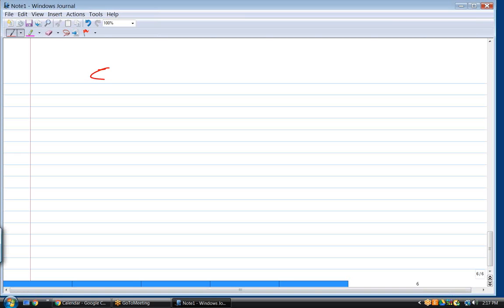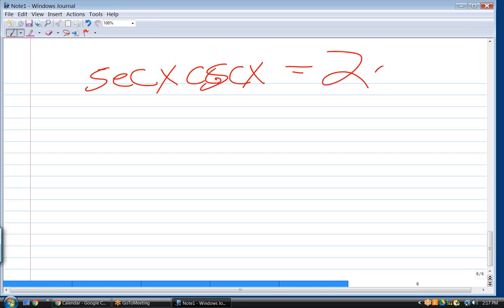Secant x times cosecant x equals 2 cosecant x. Really? Okay. What's the first step here? Subtract the cosecant. Read me the next line.